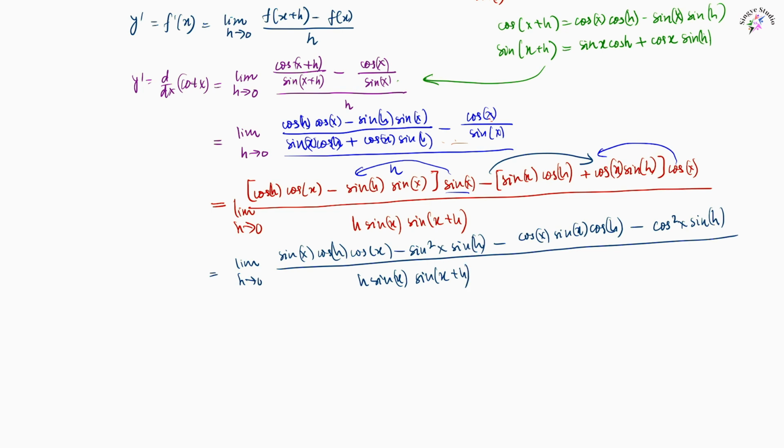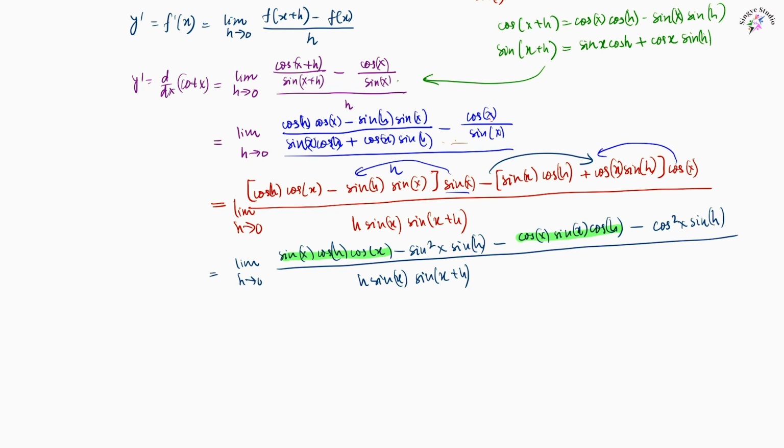And here we know that we can cancel some terms. If you observe very carefully, this term and this term are completely the same but with opposite signs, so we can cancel them, okay?